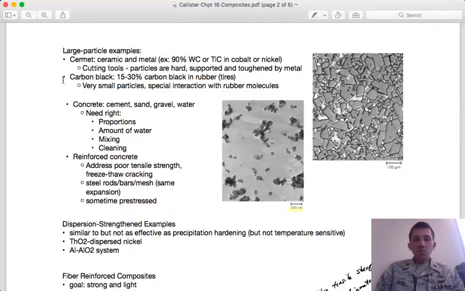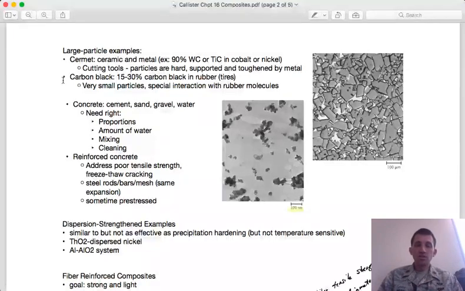And the second example would be carbon black. We covered polymers in the last two lectures, and we mentioned elastomers and how rubber is an elastomer and it is toughened by vulcanization, which is the addition of sulfur to form those crosslinks between the polymer chains. You actually get an enhancement of the rubber in tires by adding in carbon black.